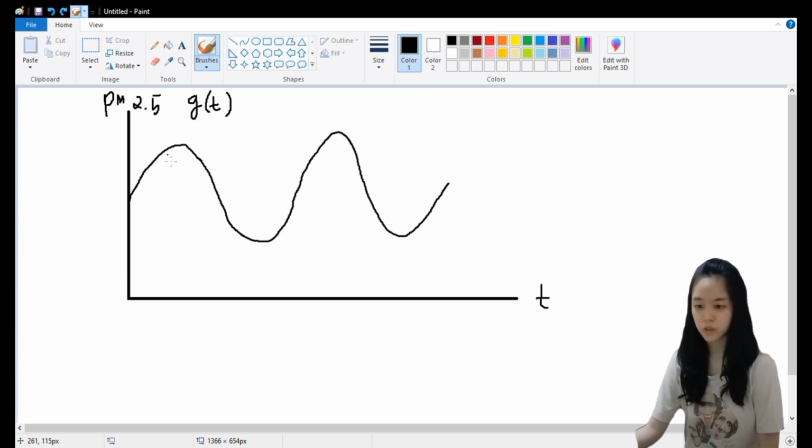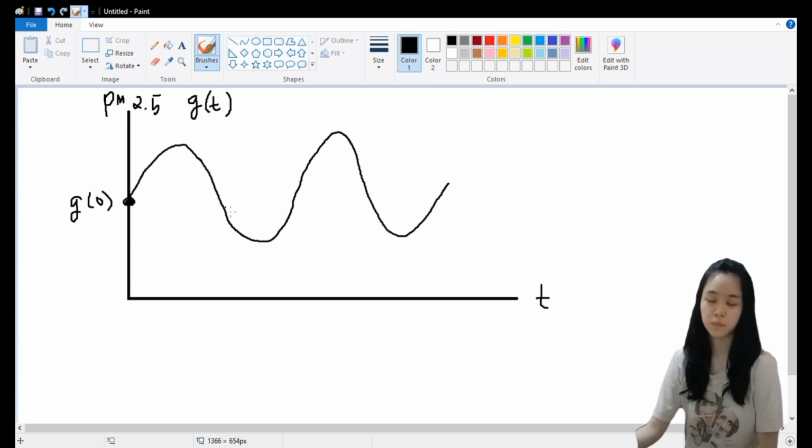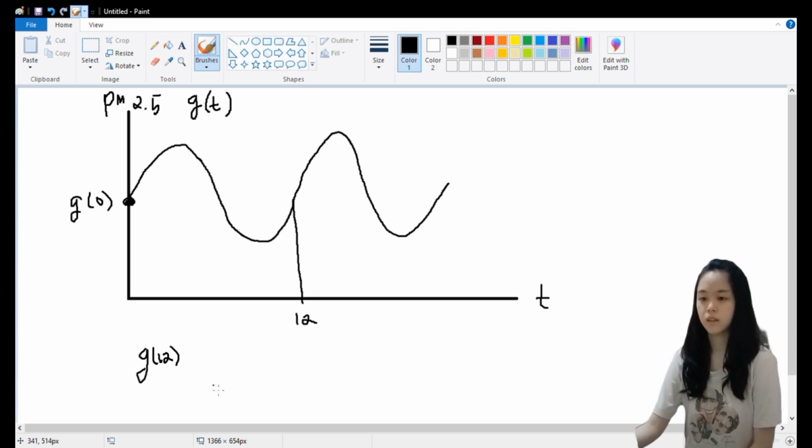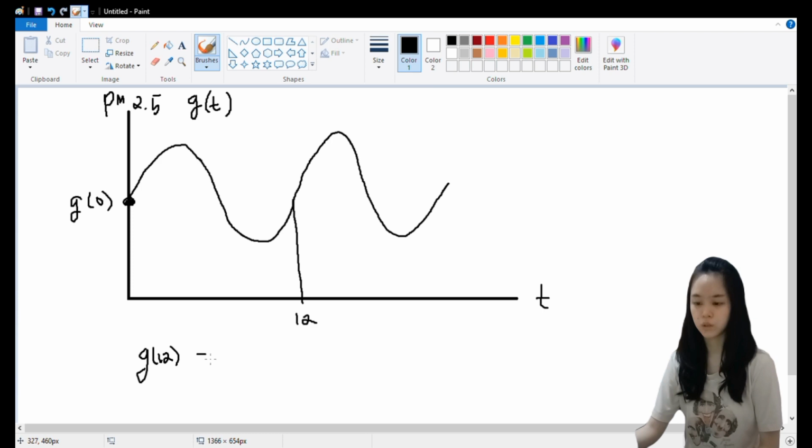At time t equals 0, g of 0 is at that level. And then since we've decided the period to be 12, when time is 12, in other words G12, the PM 2.5 level at time t equals 12 would be equal to G0.